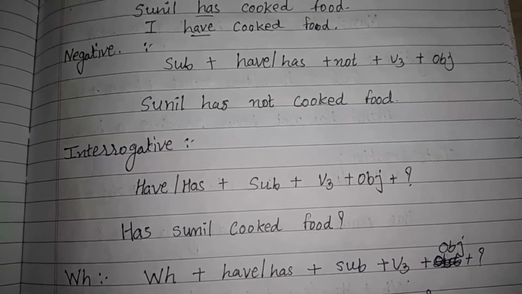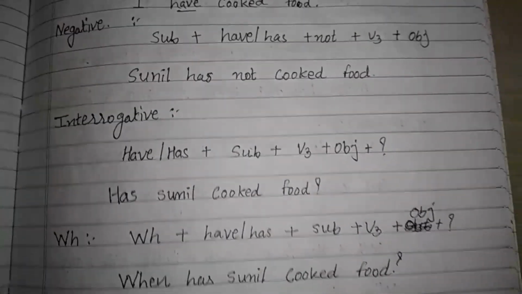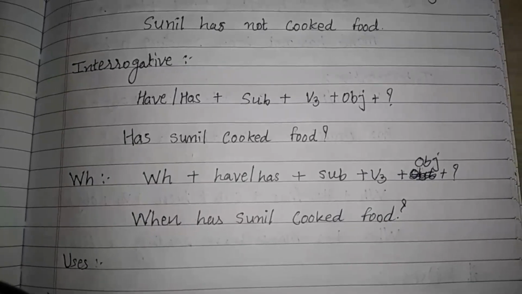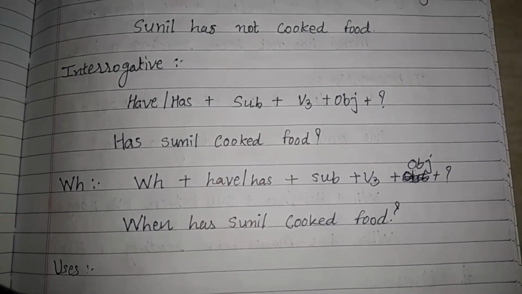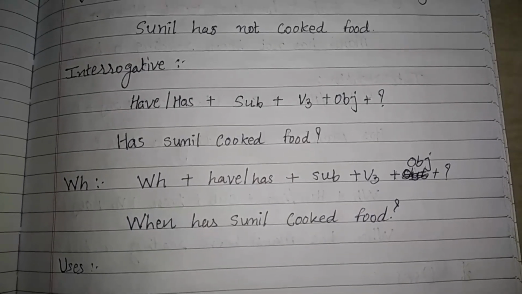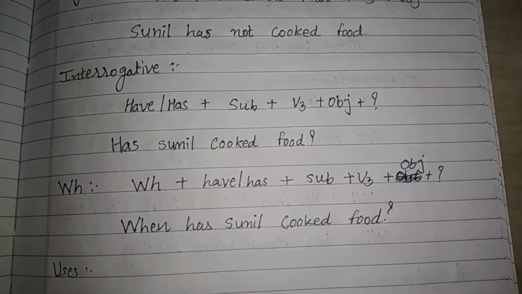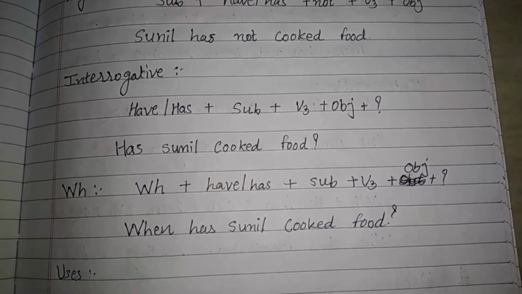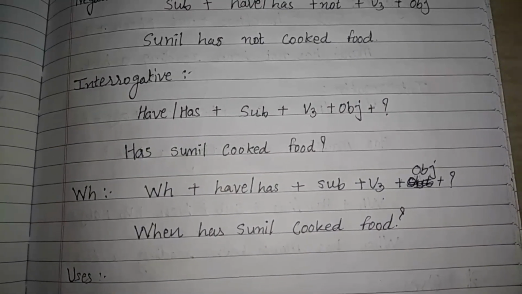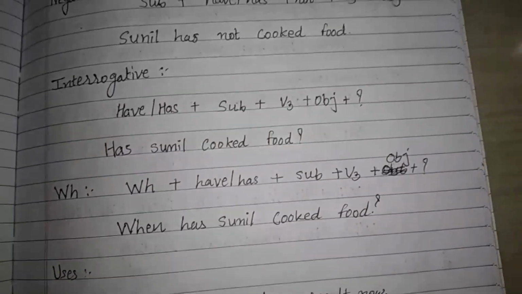Question mark is very important. Has Sunil cooked food? Now the WH question is WH plus have or has plus subject plus V3 plus object plus question mark. When has Sunil cooked food? So I hope you have understood the present perfect tense also.